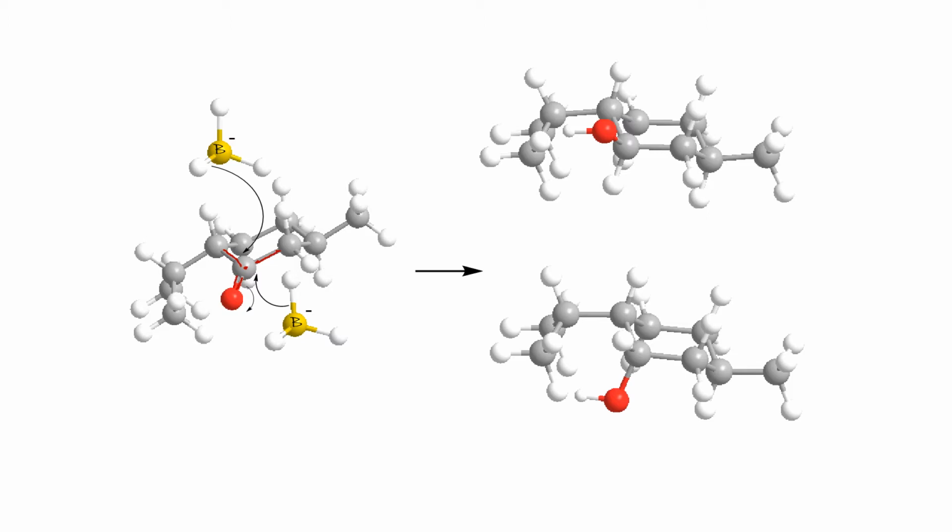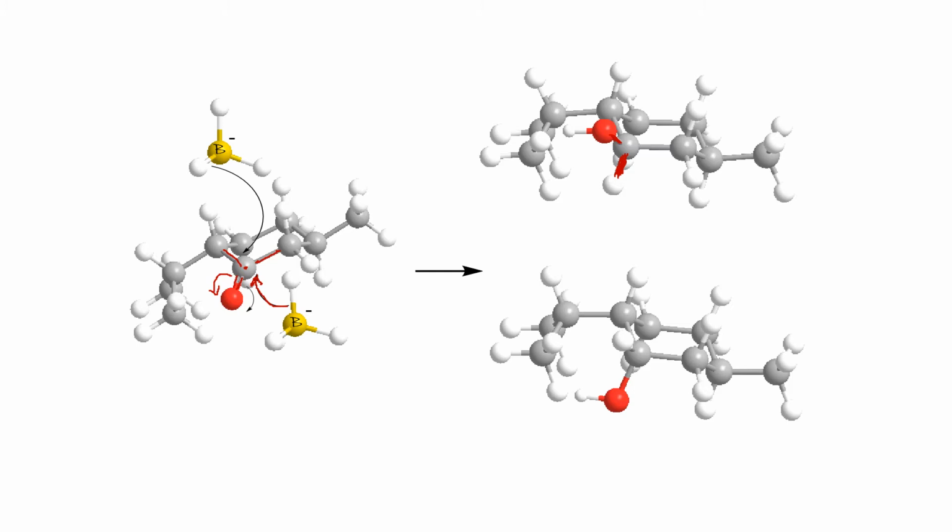So if we make the reduction, if the hydrogen is coming from down from a reducing agent like sodium borohydride, the hydride comes from here. So the hydrogen will be down axial, and the OH will be up. OH is up equatorial, and this hydrogen is axial.